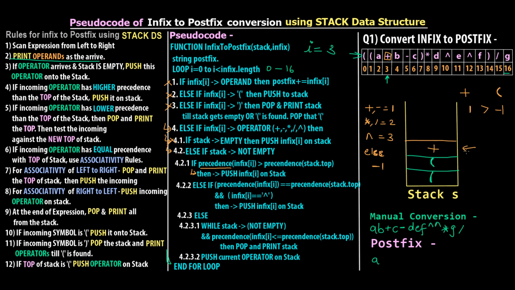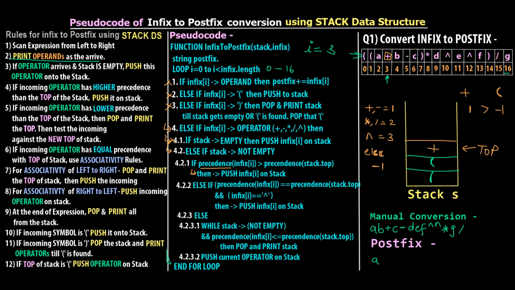It is slightly different, that is the precedence is slightly confusing, because when it comes to program, when it comes to pseudocode, when you are implementing it, we do not consider opening and closing bracket as operators. These are just used to determine which part of the expression happens first or gets converted first. That's why they are not treated as operators primarily. So now we have a new top of the stack.